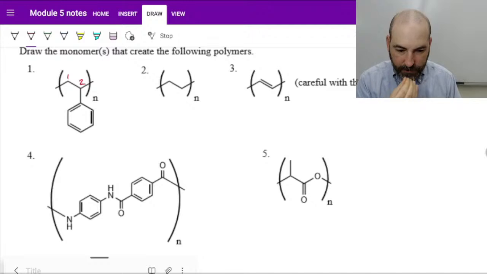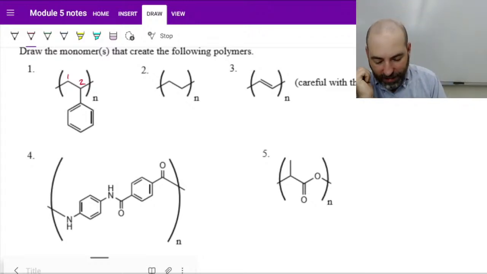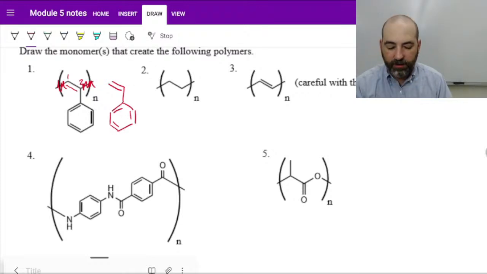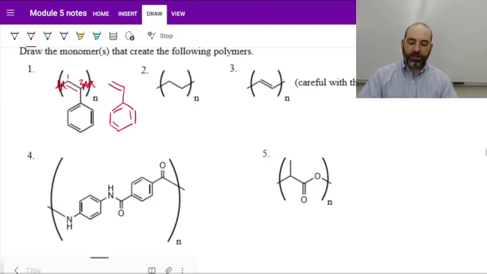So we just need to reverse that and get rid of those connections. Since we know it's an addition polymer, it starts with a double bond, so that's really the starting monomer. If we redraw that, it would just look like this. Notice we're not messing with this big ring or anything else about the structure. We're just getting rid of those links and reforming that double bond between the 2 carbons.